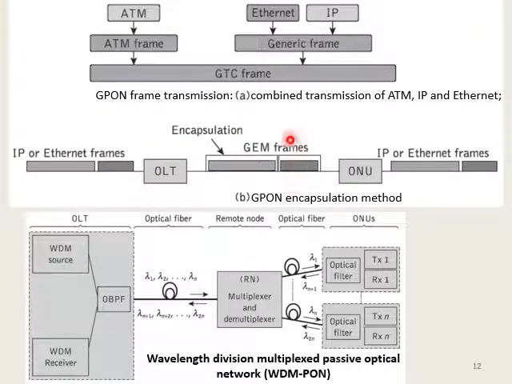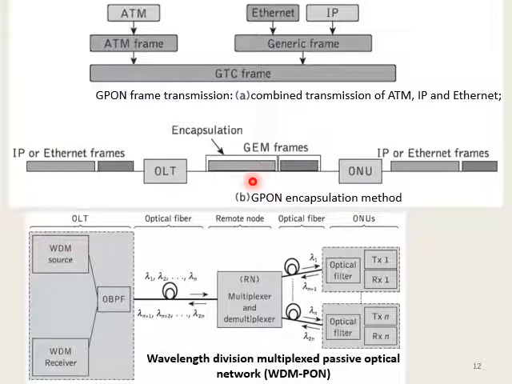It is then placed between the OLT and the ONU. On the local exchange side, the connection can be established where the encapsulation is done. All the frames, consisting of Ethernet, IP and ATM together, are encapsulated in the frame structure. Hence, this is the GPON encapsulation method.